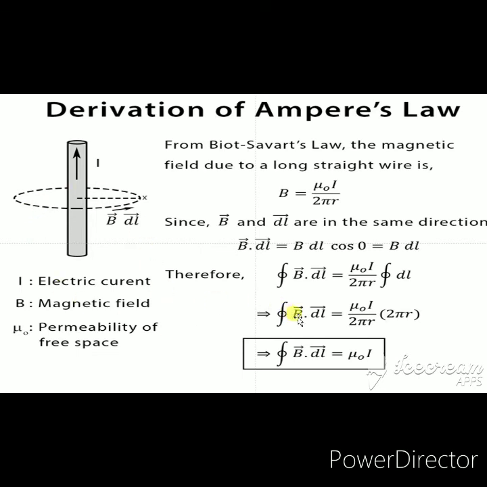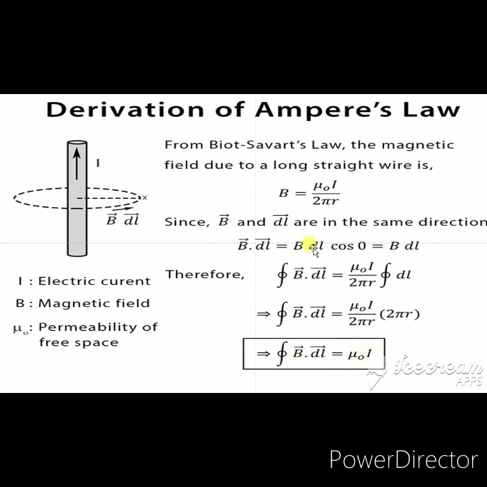The closed integral of dl is equal to 2 pi r, so the 2 pi r gets cancelled, and we get the formula: the closed line integral of B bar dot dl is equal to mu 0 I. That is our Ampere's circuital law.